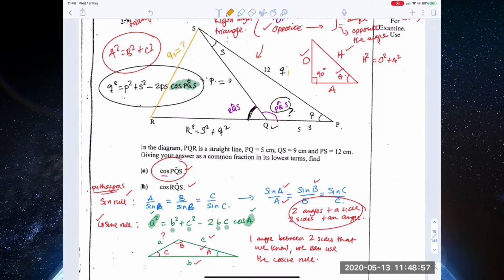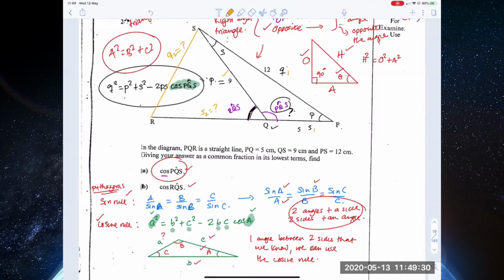And you'd have to know this side, that side. In fact, you don't even know this side either. You don't know what RQ is. So if we call this one S2 and then this one S1, you don't know what S2 is. You've only got P, which is that one. So you can't use the cosine rule now. Is that making sense? The cosine rule is now out.